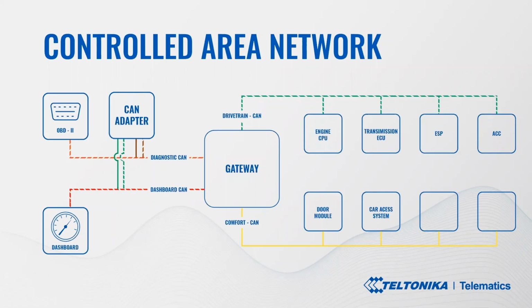So low-speed lines are used for nodes such as air conditioning unit, cruise control module, and other convenience modules. High-speed lines are used for more important nodes, for transmission, suspension, ABS, and other types of modules.